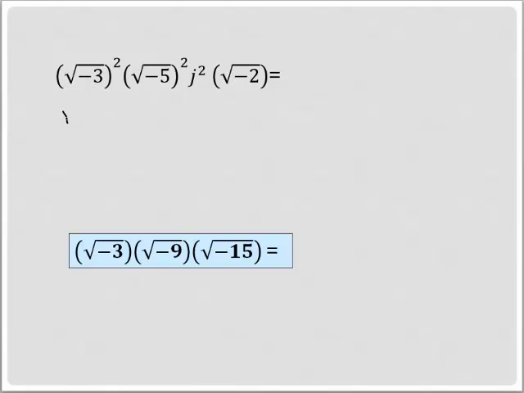I'm going to step it out a little bit. -1 times 3, and that's going to come out as 3j squared. Okay, -1 underneath the radical squared comes out as j squared.